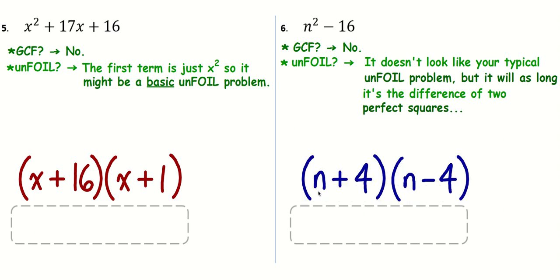N squared is a perfect square, and 16 is a perfect square, and it is a difference of two perfect squares. If that minus was a plus, guess what? It wouldn't factor at all. So then it wouldn't be on the test. But I'm just saying, this is the difference of two perfect squares. And remember, you could have also approached it by thinking, well, if there could be a 0n in the middle, and then, negative 4 times positive 4 is negative 16, and negative 4 plus positive 4 is 0, and anyway.